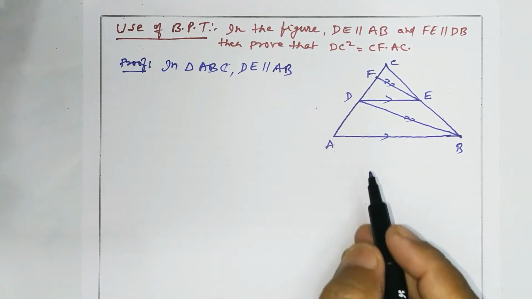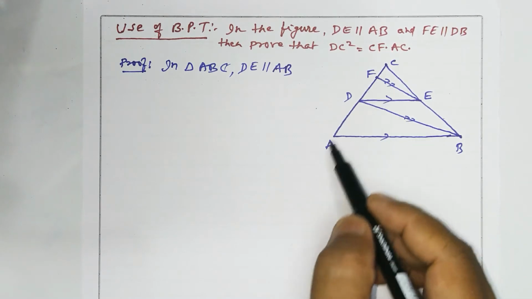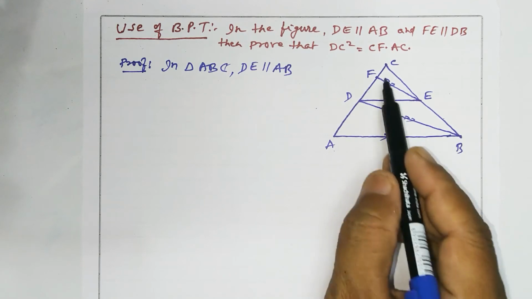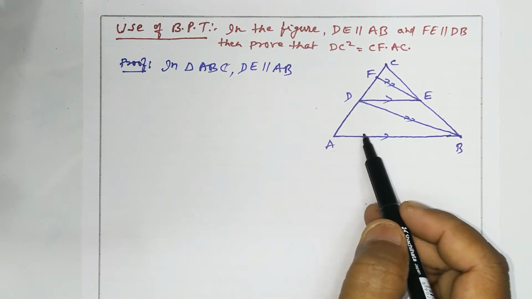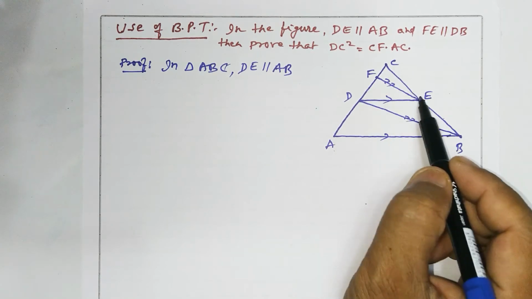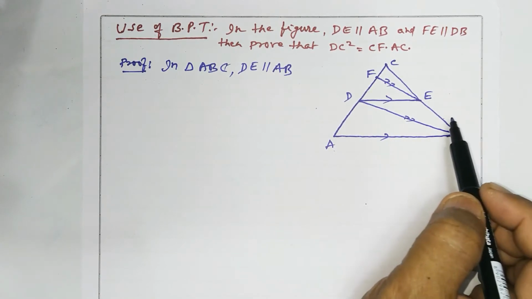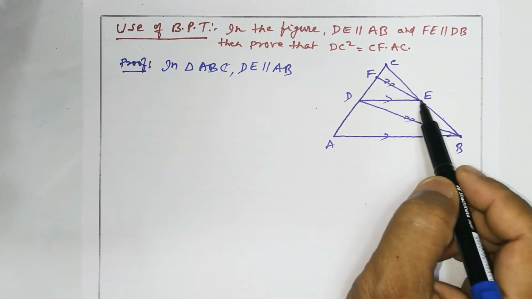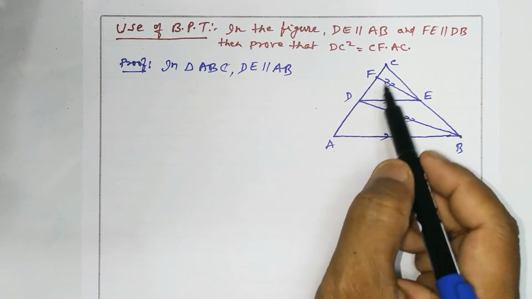And we know by using BPT, in a triangle, a line parallel to one side of a triangle divides the other two sides in the same ratio. So we can write CD by DA equal to CE by EB. By using the corollary, we can also write CD by CA equal to CE by CB. So we take this ratio.